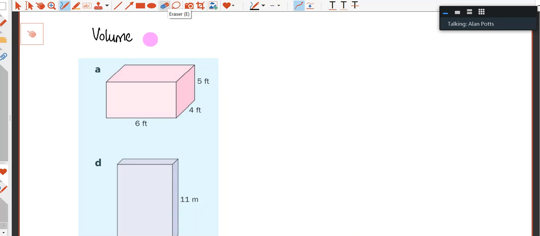So I'm just checking that we can work out the volume of a prism in this case. So a few different types of prisms. This has several names. It can be a rectangular prism. What other name might it have? Anyone know?